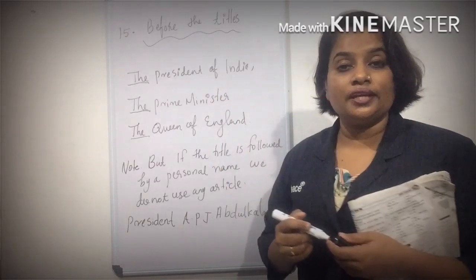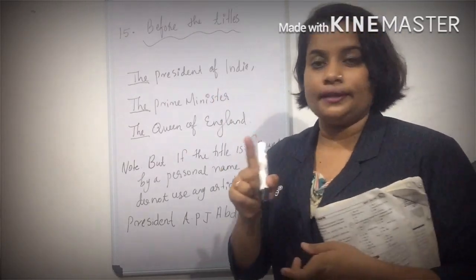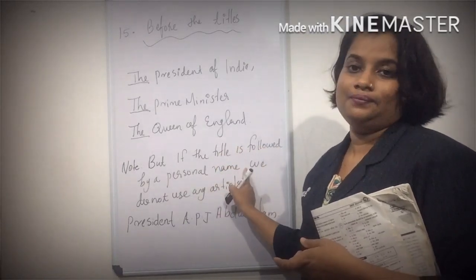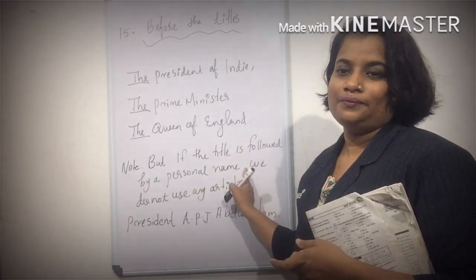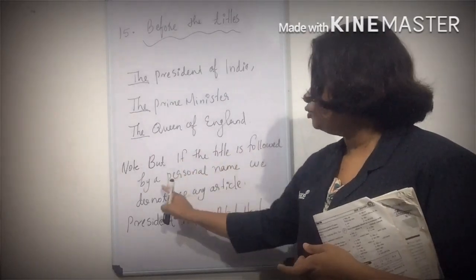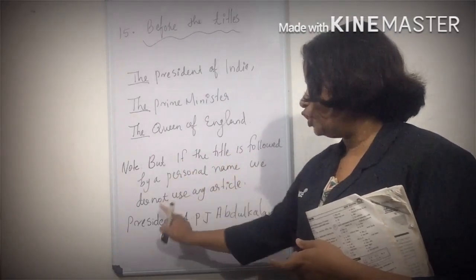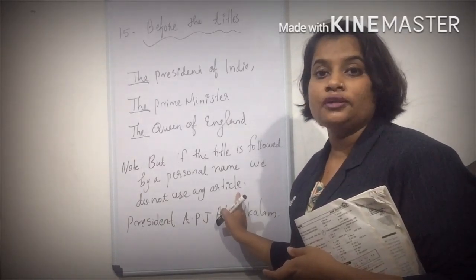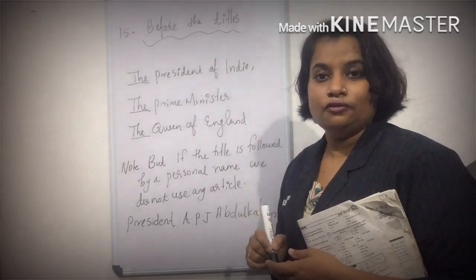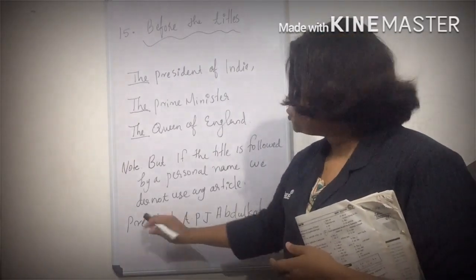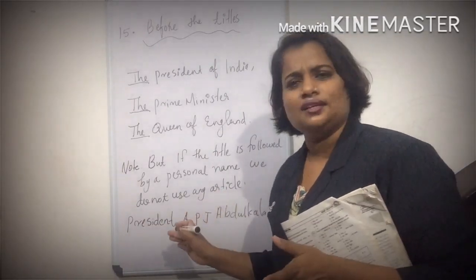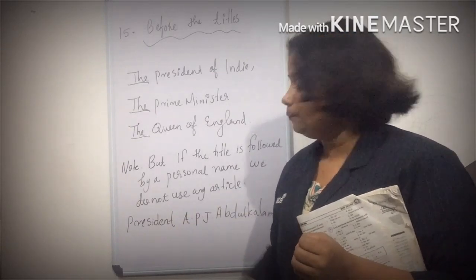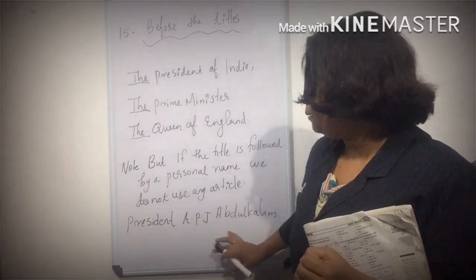But one exceptional case, one thing to remember, is that if the title is followed by a personal name, we do not use any article. If you want to mention the personal name of famous people, we do not use any article. Okay, President APJ Abdul Kalam.